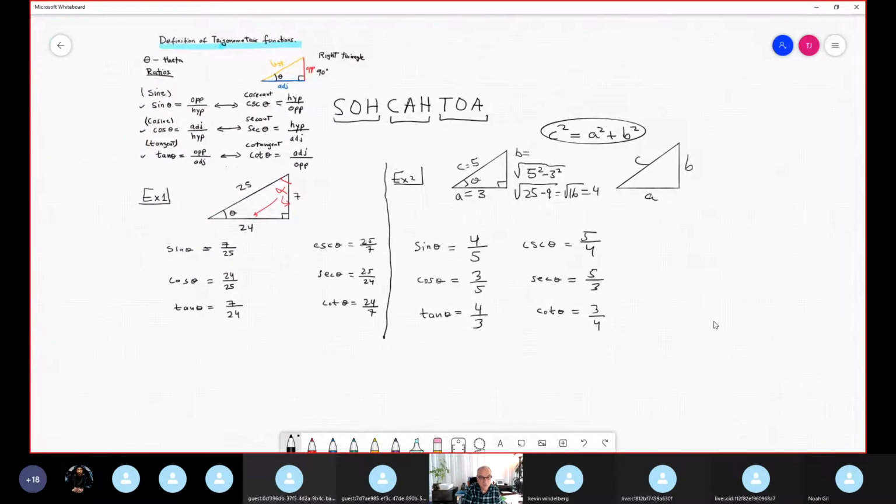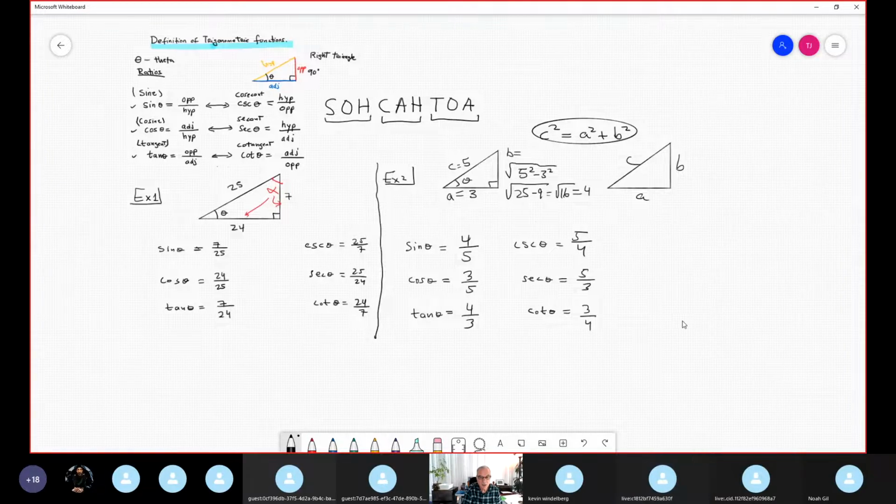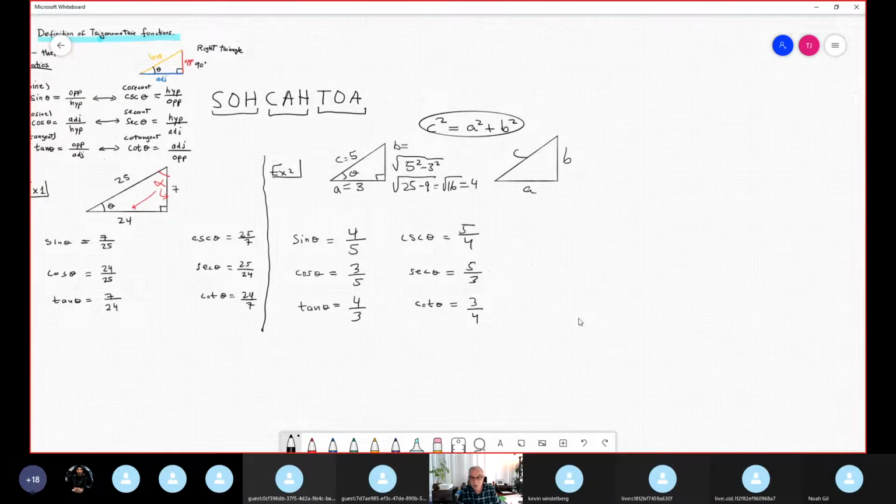Question: the way you solve for B, is it the same for every other letter? Yes. The only thing you need to know: suppose one leg is missing, this is 3, this is 5, and I don't know this one. The formula is 5 squared minus 3 squared.